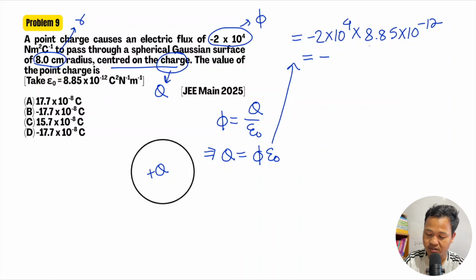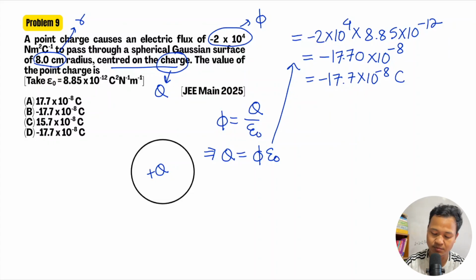Solving, 2 into 8.85 is 17.7, into 10 power minus 8. So minus 17.7 into 10 power minus 8 coulomb is the charge. Which option? Option B.